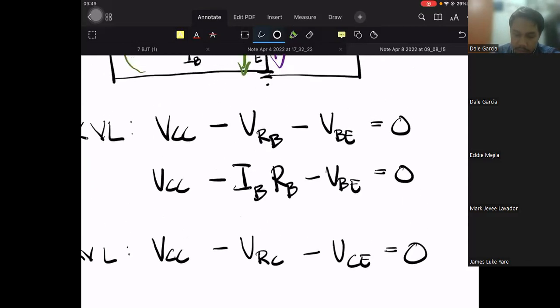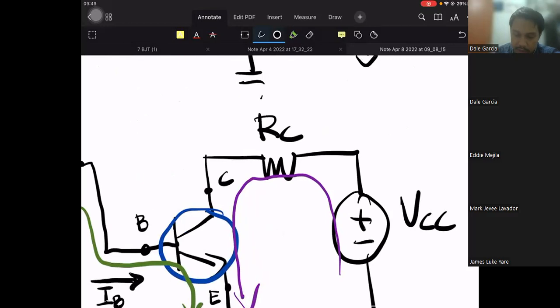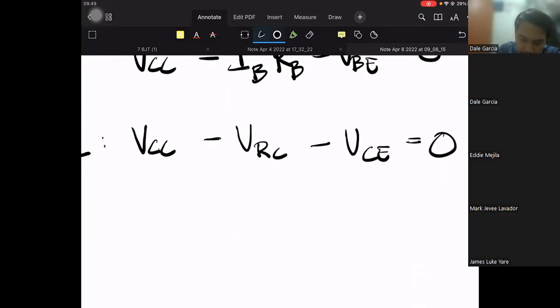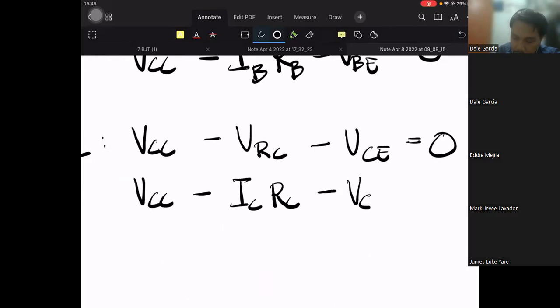We know that the voltage across RC is just the resistor RC times the current IC. So rewriting our equation, VCC minus IC RC minus VCE is equal to 0.